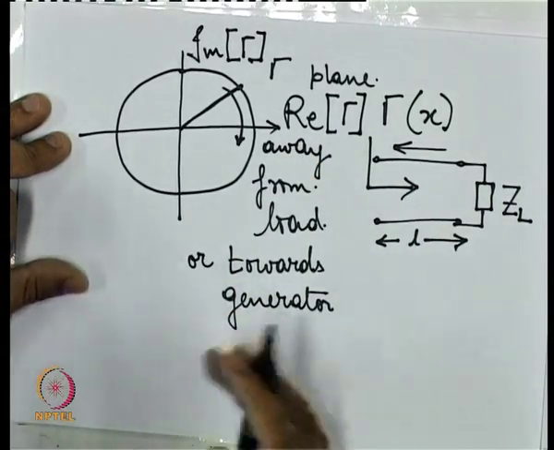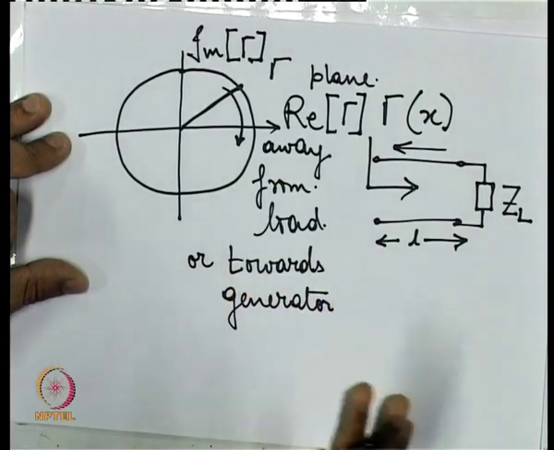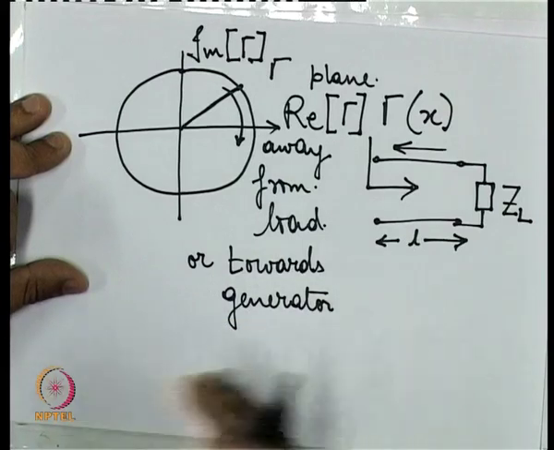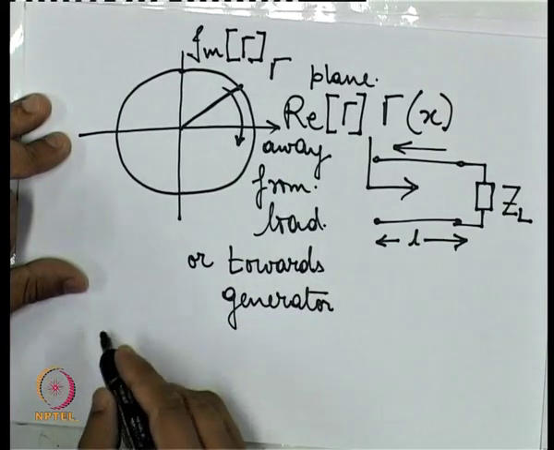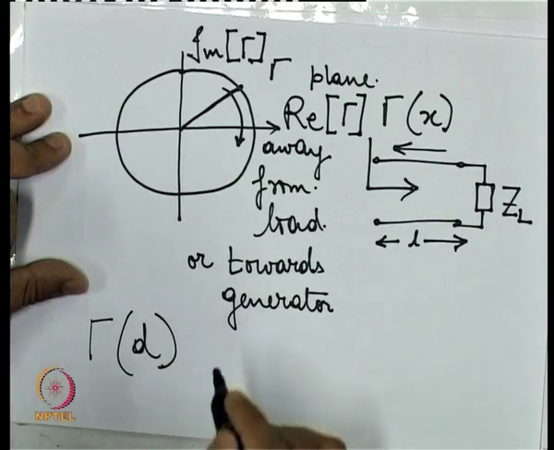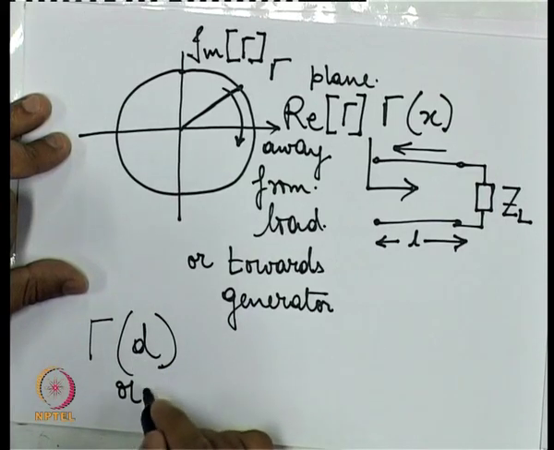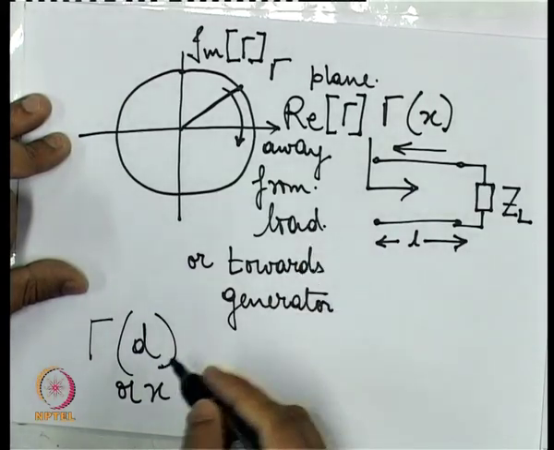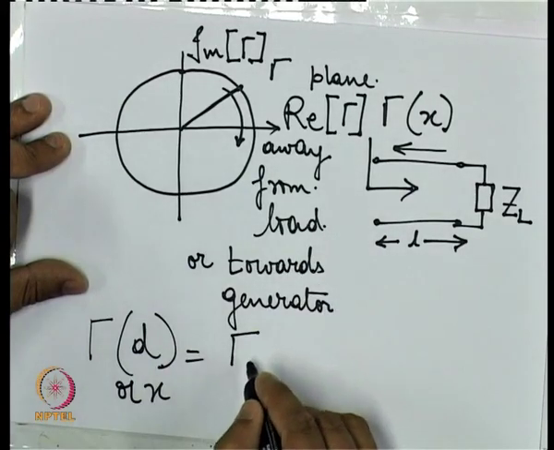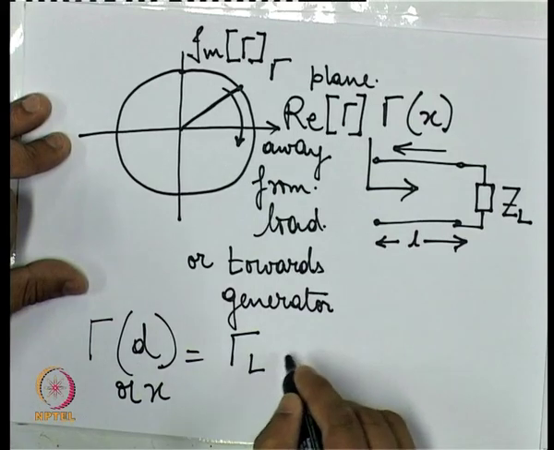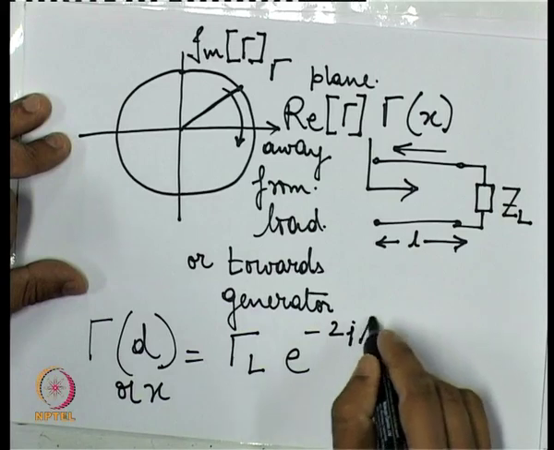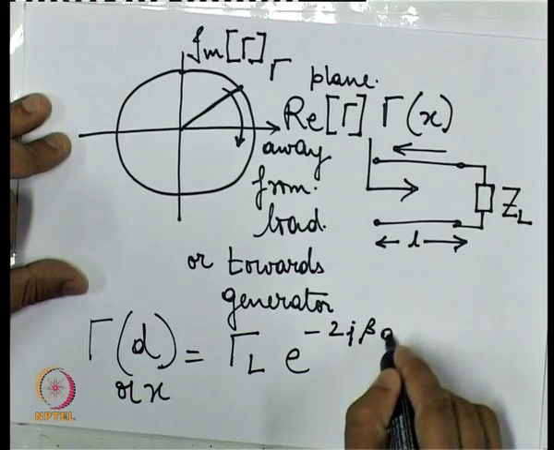Now this is the concept we had, of going towards the load, away from the load, going clockwise, anti-clockwise. This follows from this equation that we had earlier discussed. Here gamma d or x is equal to gamma L e raised to minus 2 j beta d.